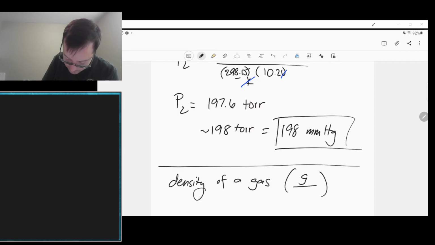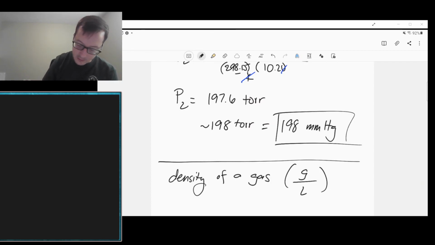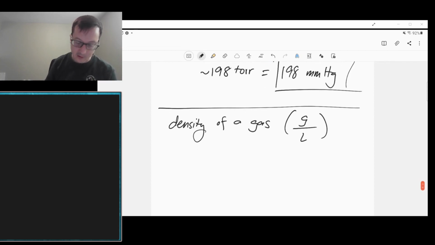Density would be mass per volume, right? In this case, we're looking at grams per liter. We can figure this out using our ideal gas law. So if we want to solve for grams per liter, that would be our density.